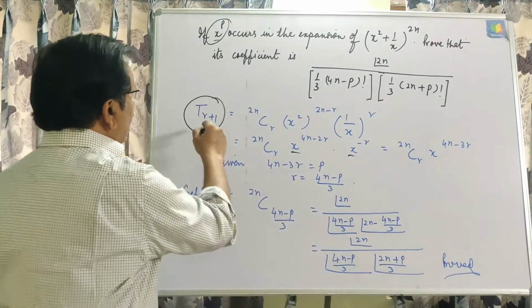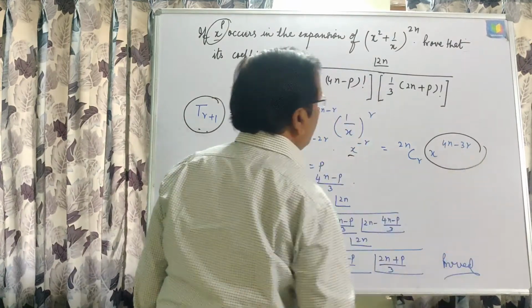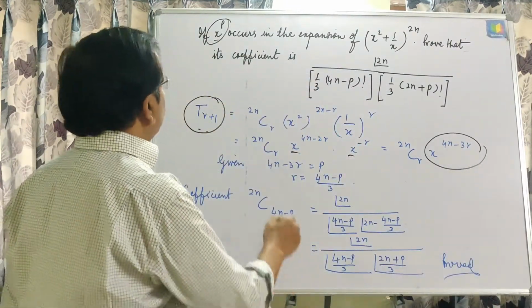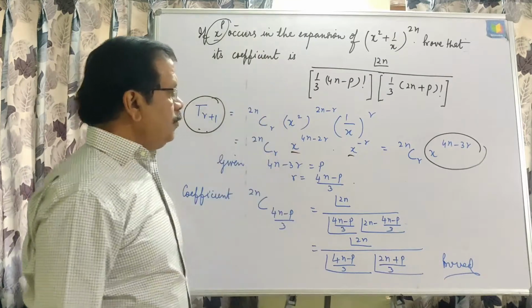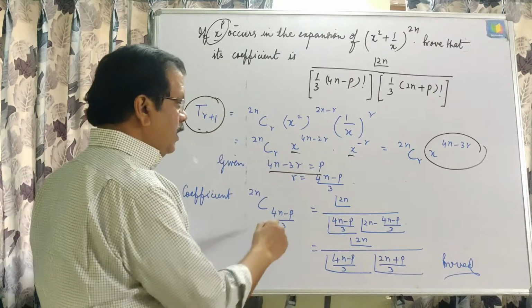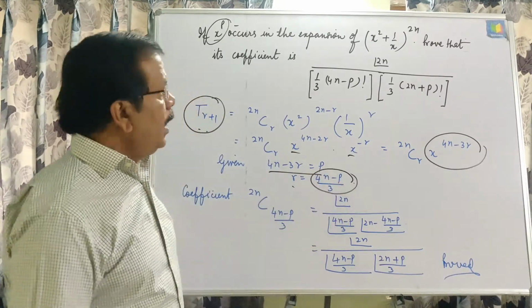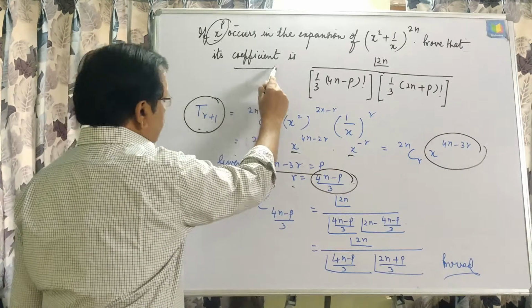Then in the Rth term the power of x, 4n minus 3r, is equated with p, and this way 4n minus 3r is equal to p. R comes out as 4n minus p upon 3, and then we have to find the coefficient.